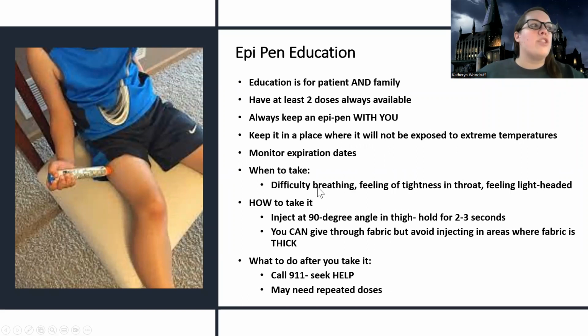So this is not a medication you take prophylactically. This is a treatment medication, not a preventative. They take it if they're having difficulty breathing, if they're feeling tightness in their throat, or if they're feeling lightheaded, because that could be a sign of the shock from anaphylaxis. It's not just to take like, hey, I'm going to take my epi so that I don't, blah, blah, blah.